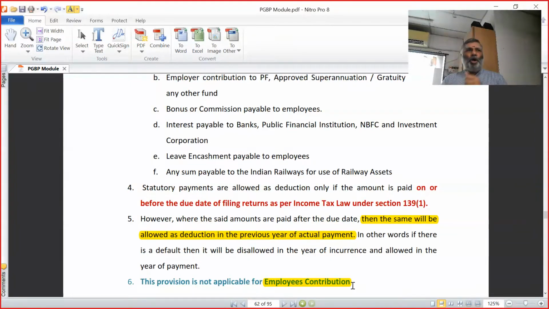Now I take the opportunity to talk about two important things. One, what is the difference between employees' contribution and employers' contribution? Take your time, then we will study the theory. Employees' contribution has to be paid within the due date of the respective law, section 36 read along with 224.